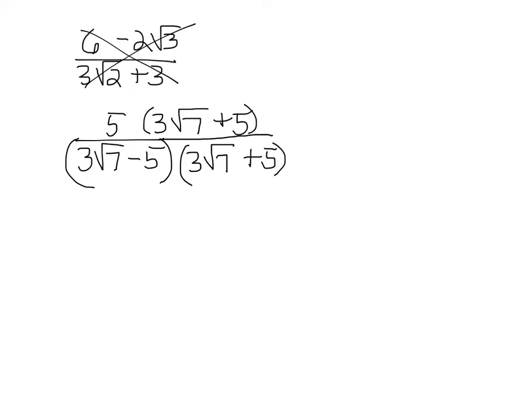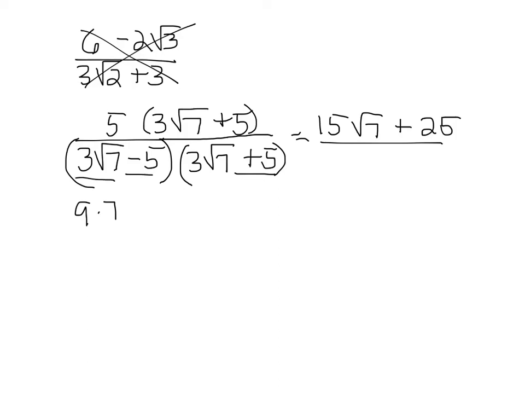When I do the top, I get 15 root 7 plus 25. When I do the bottom, 3 root 7 times 3 root 7 is 9 times 7, or 63. The outer and the inner cancel out, and last gives me minus 25.